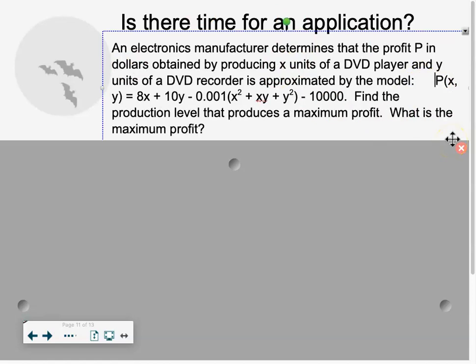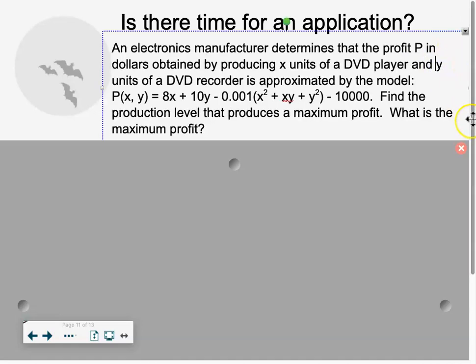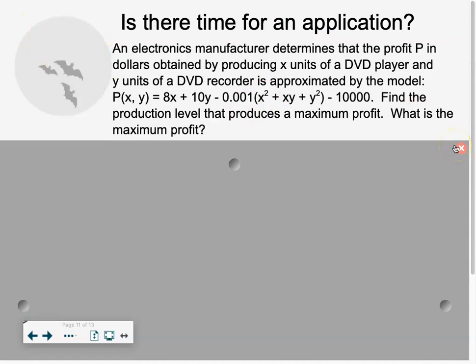Let me move this over so you can see the function there. All right. So an electronics manufacturer determines that the profit P in dollars obtained by producing X units of a DVD player and Y units of a DVD recorder is approximated by this P of x, y model: 8x plus 10y minus 0.001 times the quantity x squared plus xy plus y squared, minus 10,000.